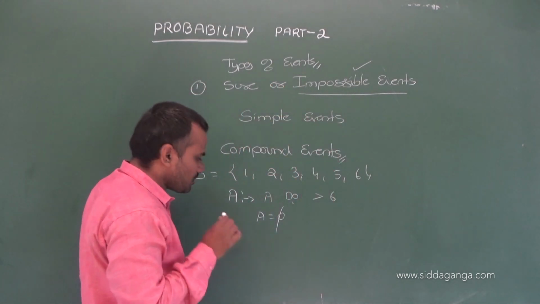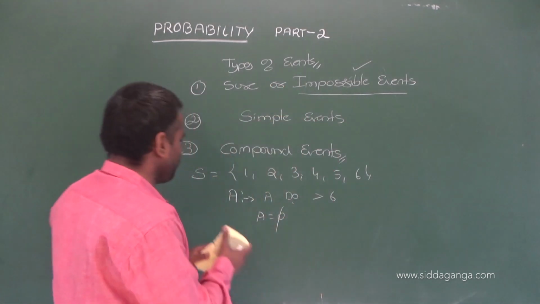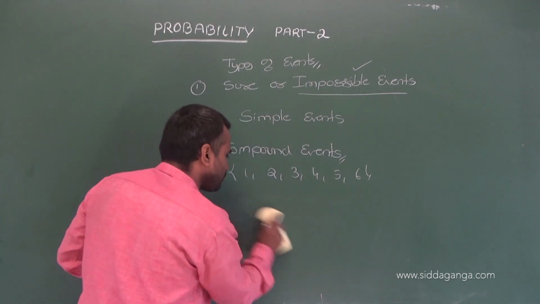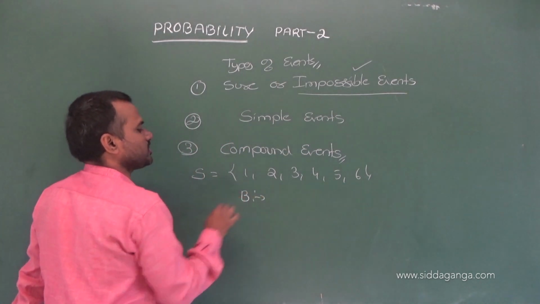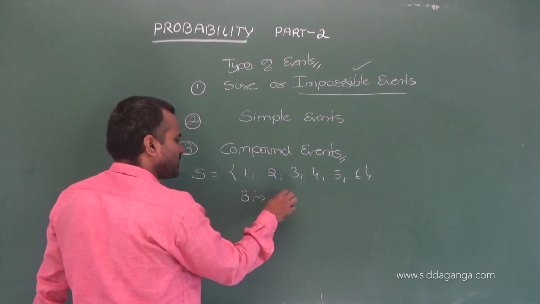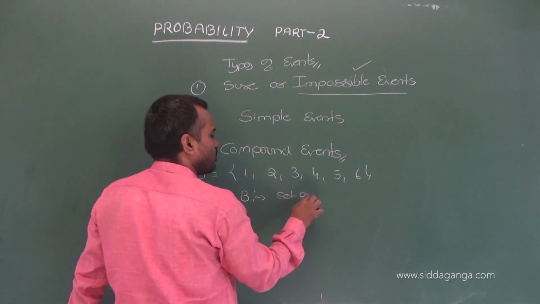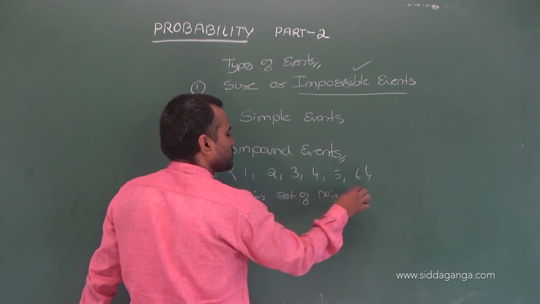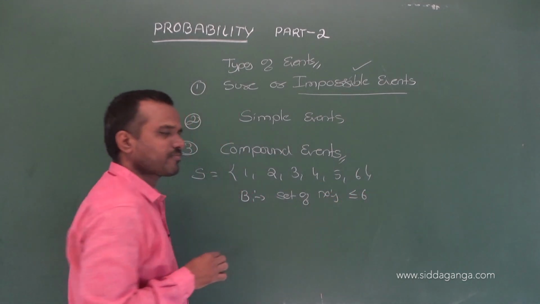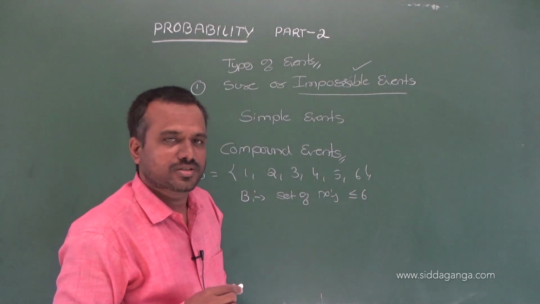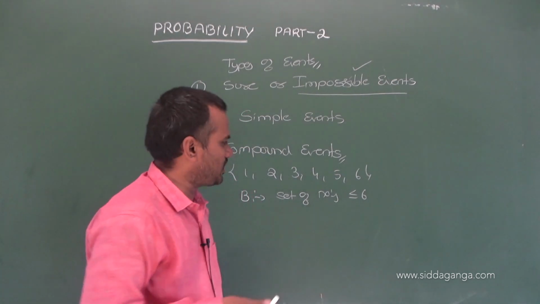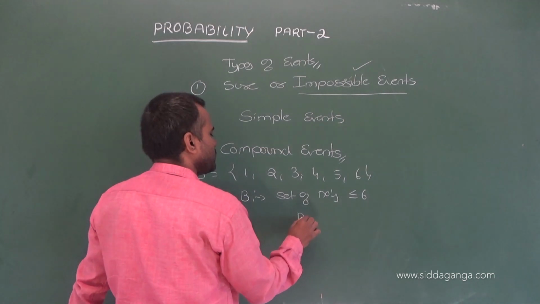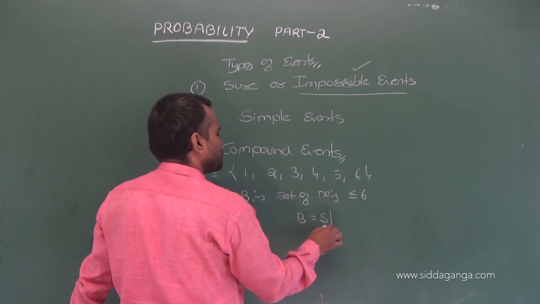Suppose I want to write one more event B such that a set of numbers less than or equal to 6. Set of numbers, got my pointer? Set of numbers less than or equal to 6. That means B is exactly the sample space.